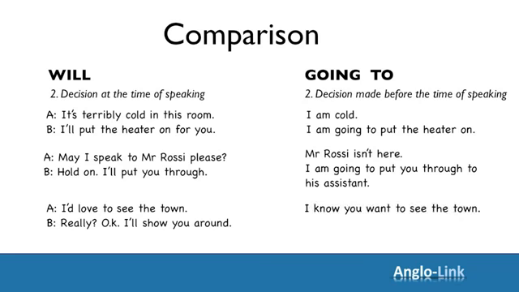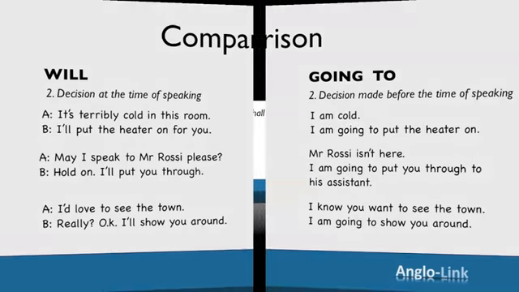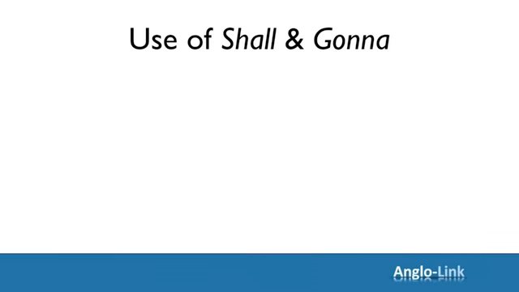So you said, I know you want to see the town. I'm going to show you around. Well, that should have clarified the differences between will and going to for you.